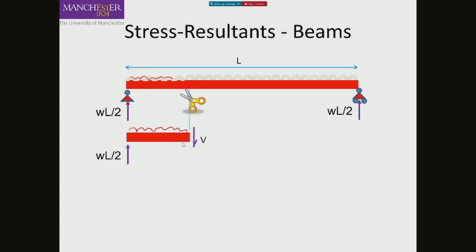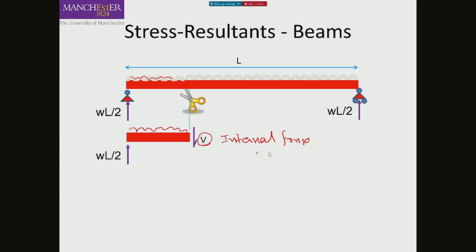So if you do the summation of vertical equilibrium, definitely the part of the beam towards the right hand side must be providing a resistance force to this beam going downwards. So this is an internal force, and where is it coming from?